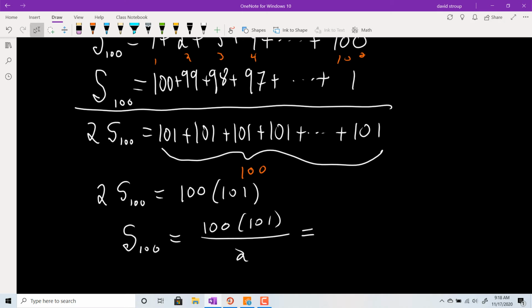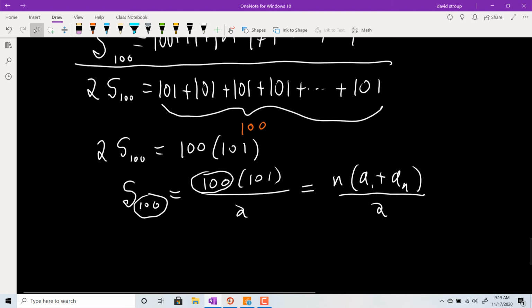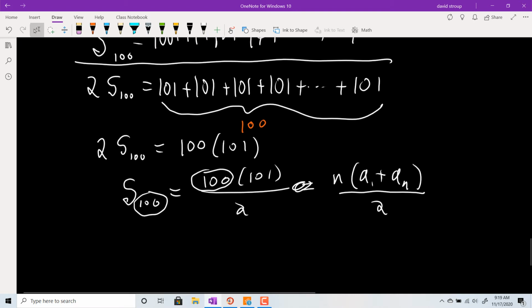Well, it's the number of terms you have, 100, times the first term plus the last term, or really you could use any 2 terms as long as they're spaced correctly, and then divided by 2. So what I'm getting at is the formula for the sum of the first n terms of an arithmetic sequence. That's this formula.